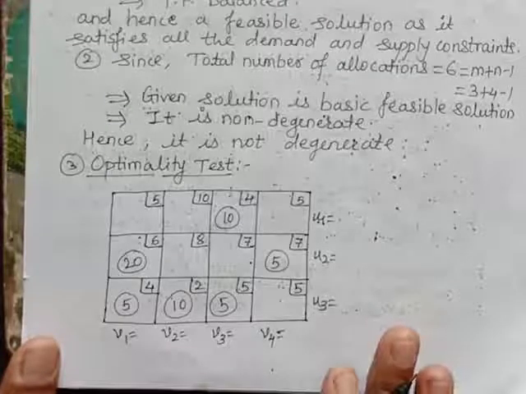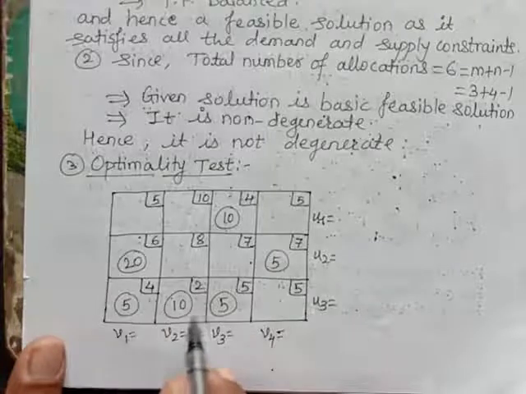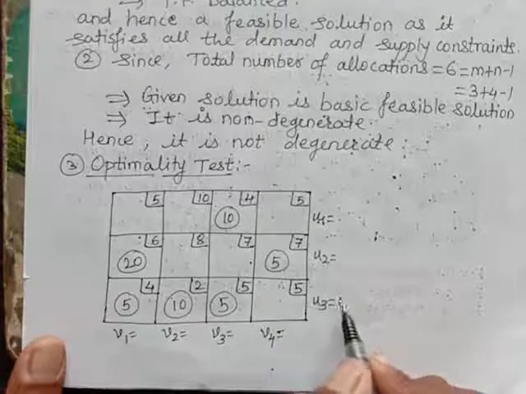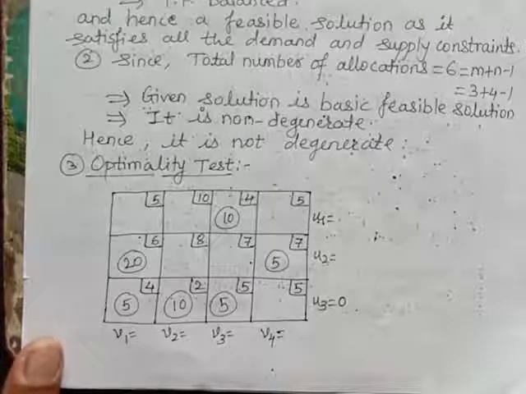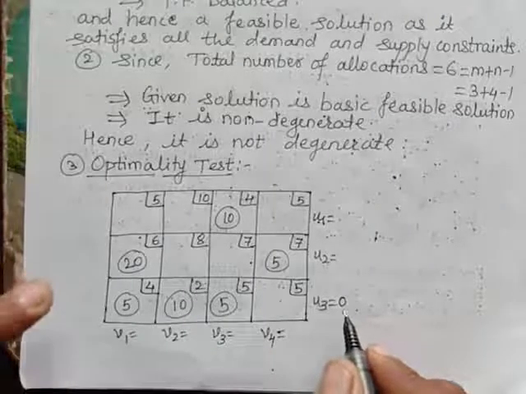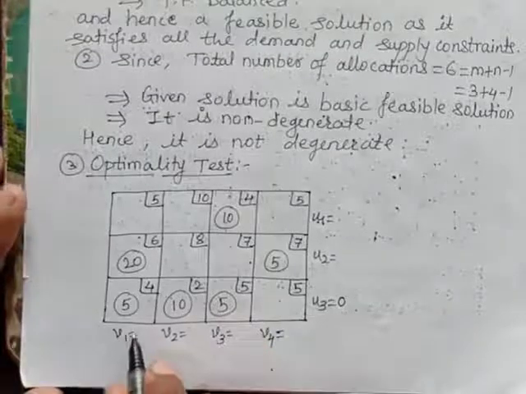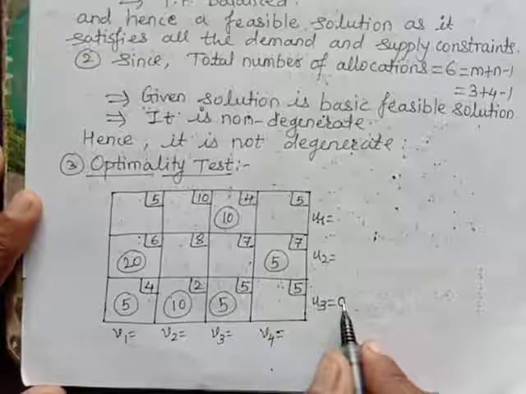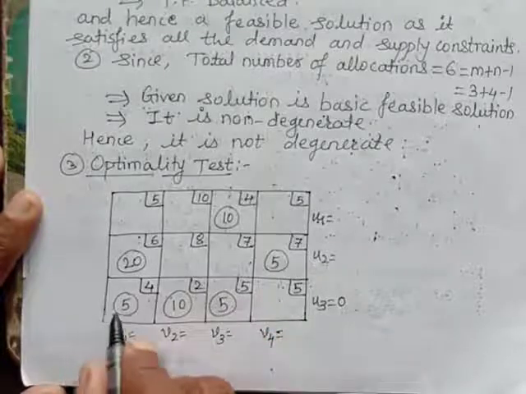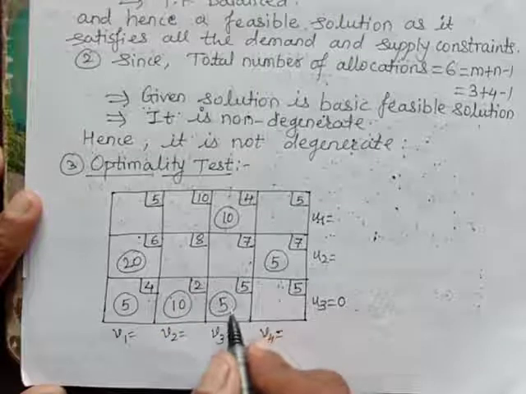That part I had taken before. Now here this row has maximum allocation, so let me take U3 as 0. We have to take one of them as 0. So now using U3 I can determine wherever the allocations are. So in this third row we have the allocation as the 3-1 cell, 3-2 and 3-3 cell.